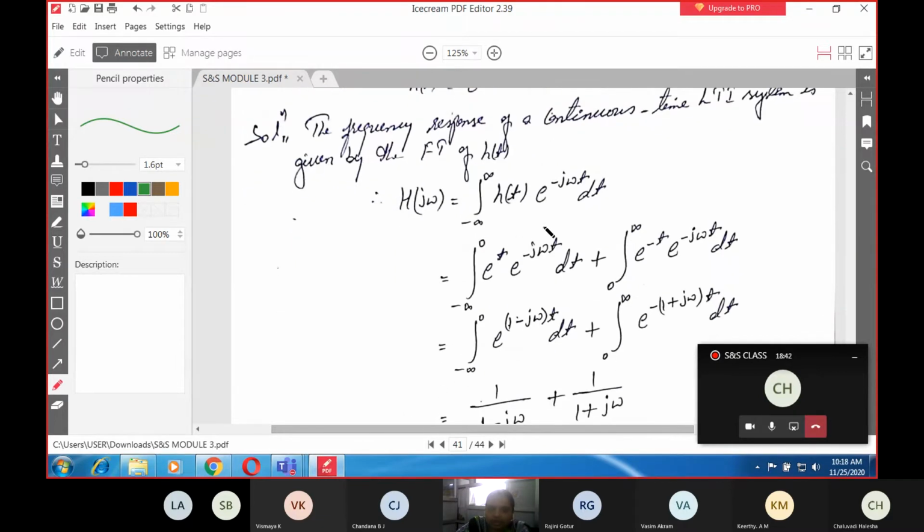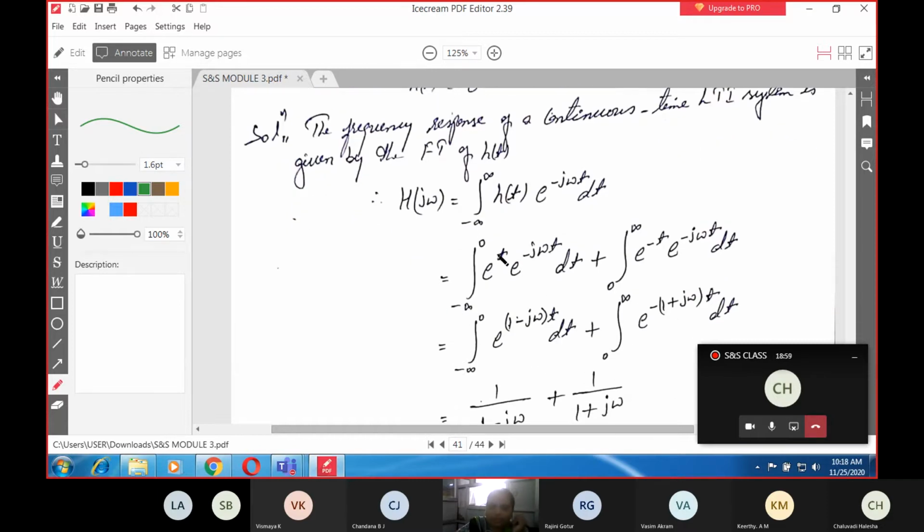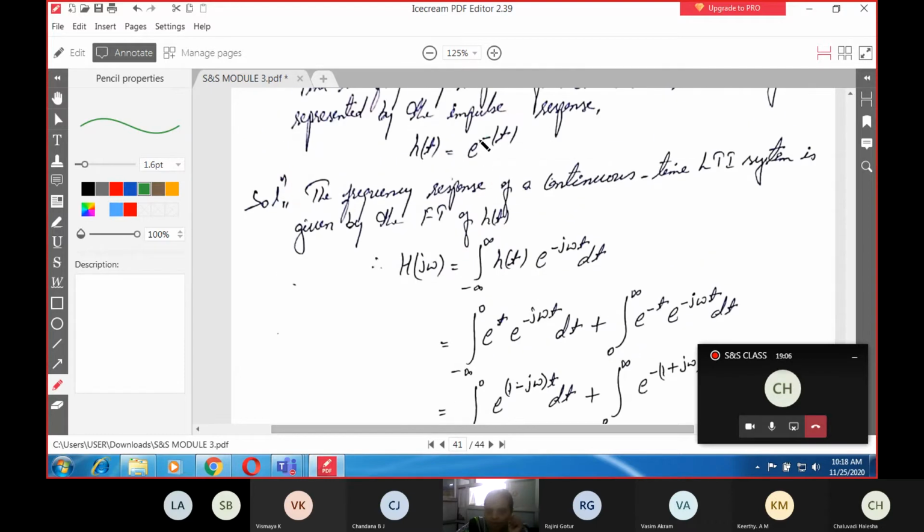Then here substituting for h of t, e power minus mod of t. Mod of t means it consists of both negative values and also positive values. For that reason, the integration is divided into the negative values and the positive values. Here it is taken from minus infinity to 0, e power minus of minus t, for that reason plus t.